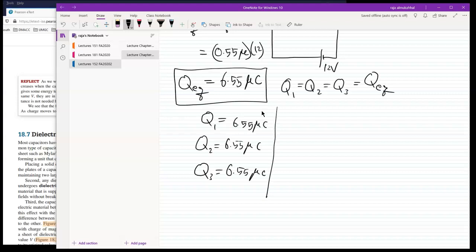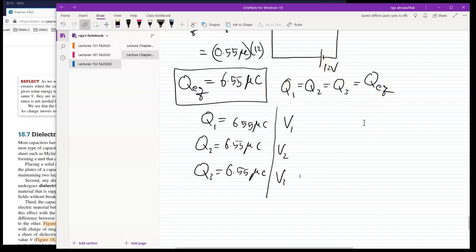So now I want to get the corresponding V1, V2, and V3. Remember, V1, V2 and V3 are not equal to each other in the series combination. However, when you add them up together, you will get the 12 volt, the original one.